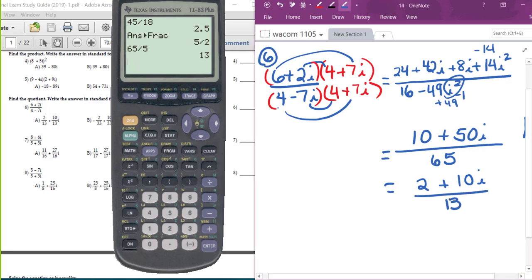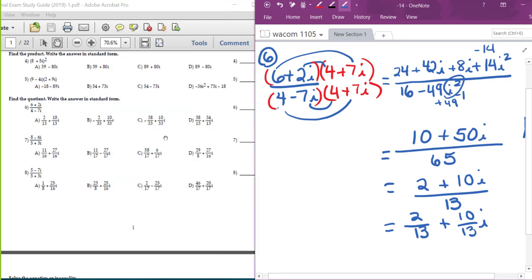So standard form would be separated at the sign. So we have 2 over 13, put each one over the same denominator, plus 10 over 13 times i. And we were doing this one. So 2 over 13 plus 10 over 13i. It looks like the choice is A. And yes, that is correct.